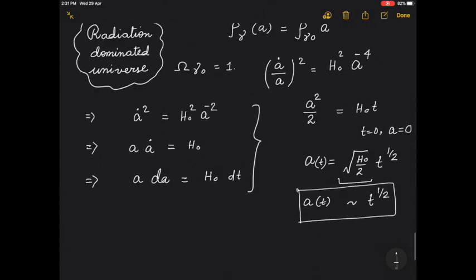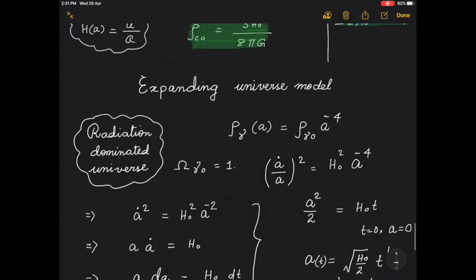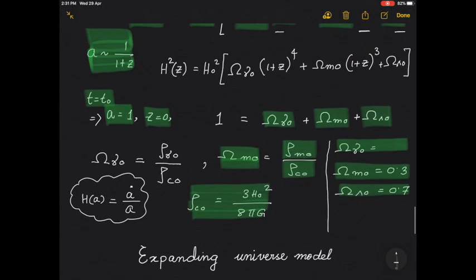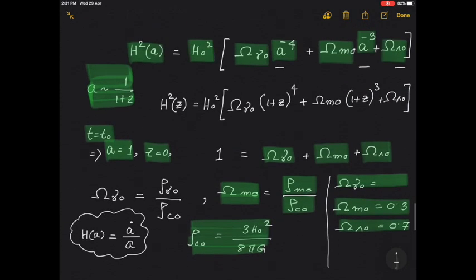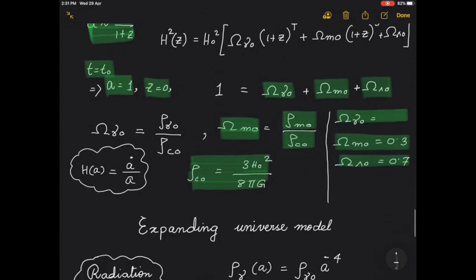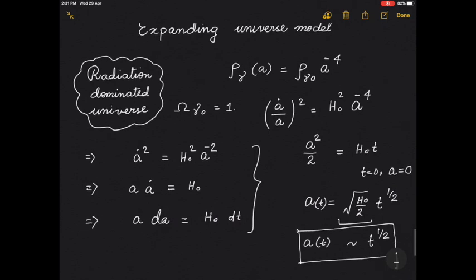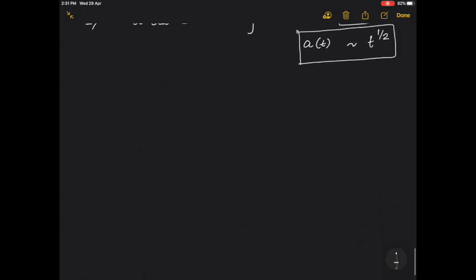Now I will not go through the matter dominated and the cosmological constant dominated universe. For the matter dominated universe, you have to use a to the minus 3, and for the cosmological constant dominated universe, it is a to the 0, a constant. Right now we have just used a to the minus 4 for the density. If we use this, we can fill up a table.